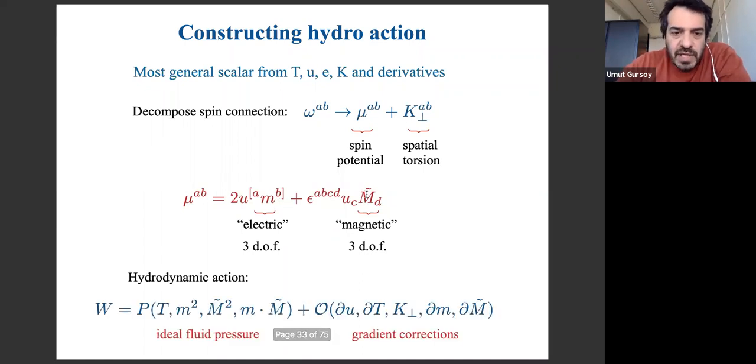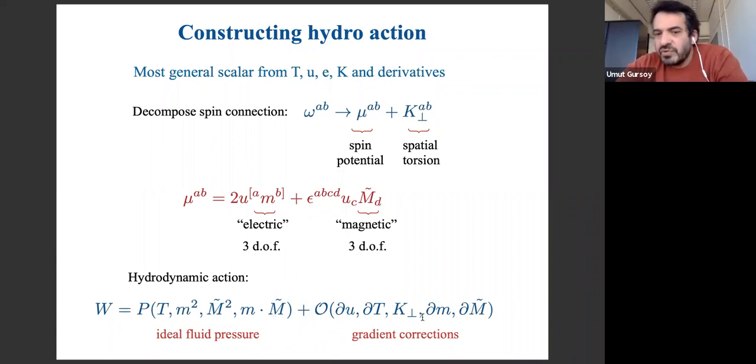And the next thing that you would like to write down is the hydrodynamic action. The most general hydrodynamic action is some general scalar that is constructed out of the temperature and the scalars that you can make out of these two vectors. Those are just little m squared, m tilde squared, and their product, m times m tilde. So this will be the ideal fluid pressure, the ideal term.